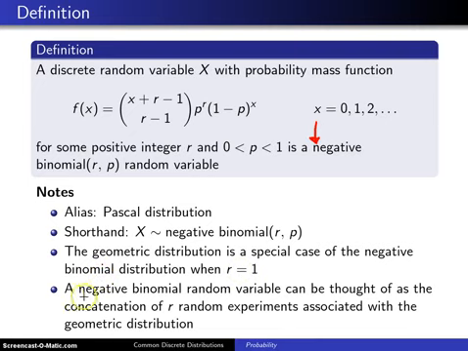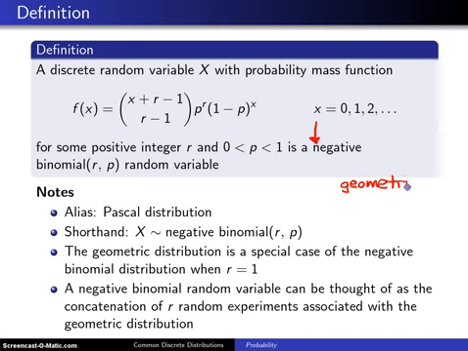And furthermore, a negative binomial random variable can be thought of as the concatenation of r random experiments associated with the geometric distribution. In other words, when you get to your first success, that's geometric, and then you start the experiment all over and you move forward until you get to your second success, all the way until you get to the rth success.